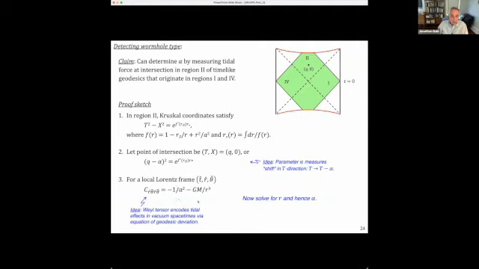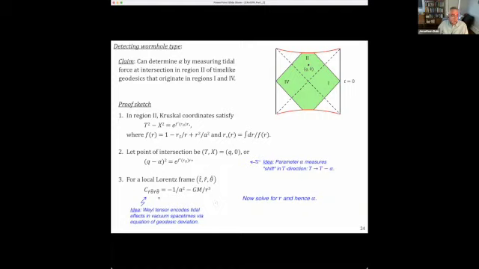It's the tidal force at the point q, 0, and it's given by a particular component of this thing called the Weyl curvature tensor. And it turns out that if you calculate this component of the Weyl curvature tensor at a point, it is a function of the radial coordinate.